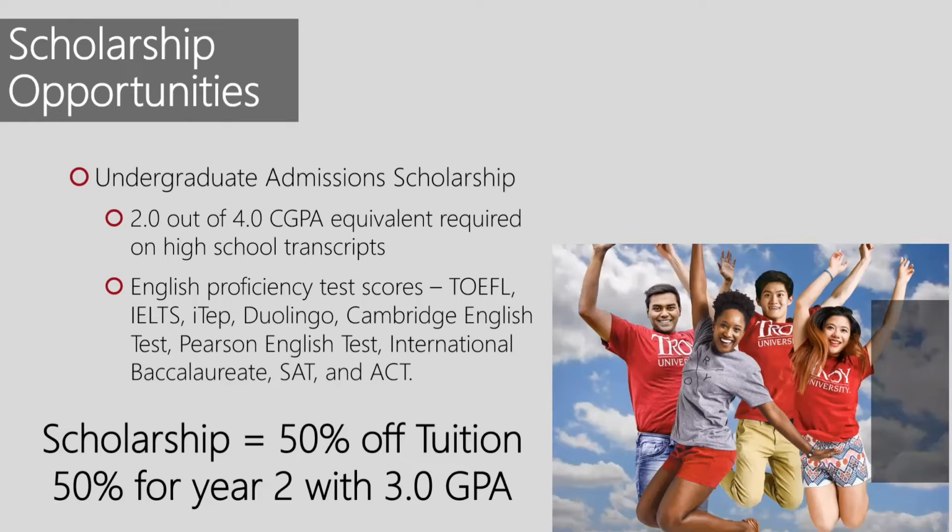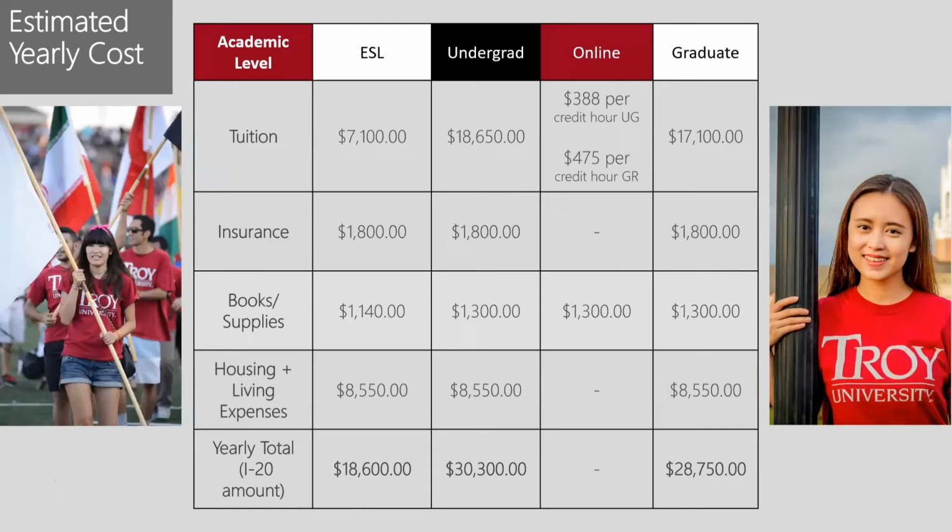So 50% off of that tuition, we can go back to the previous screen, is about $9,325 per year, based on 24 credit hours. If you take more classes than the normal amount that's required for your F1 visa, that amount may go up, but this is based on whatever is required for the basic F1 visa requirements.